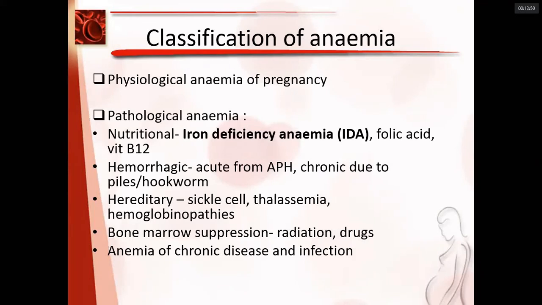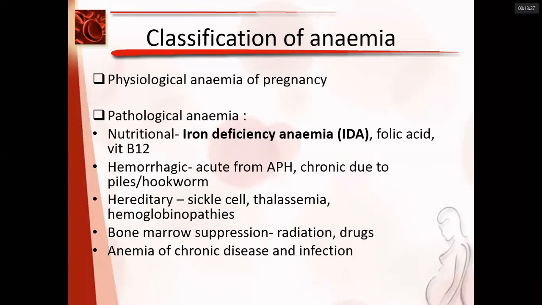Basically, they may be nutritional owing to iron deficiency anemia, which accounts for nearly 75% of the cases. There are even causes like folic acid and vitamin B12 deficiency, more in vegetarians. Another cause may be hemorrhagic disease. There may be hemorrhage because of antepartum causes like placenta previa and abruptio, or chronic bleeding or chronic loss from piles or hookworm infestation.